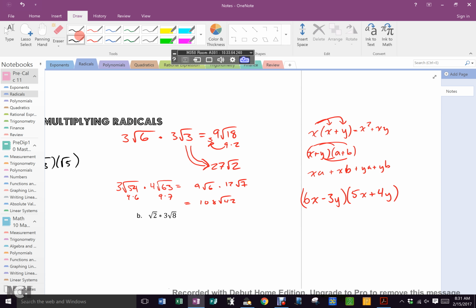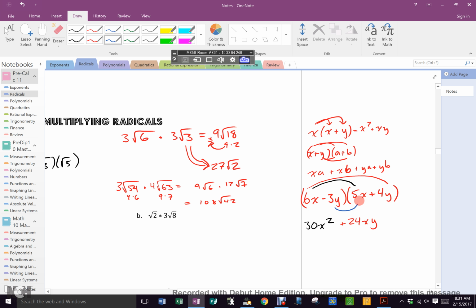But since you haven't done it for a year, I recommend the first couple of times actually doing what I'm about to do. Draw an arrow, write an answer. 30x squared. First. Draw another arrow, write an answer. Plus 24xy. Draw another arrow, write an answer.